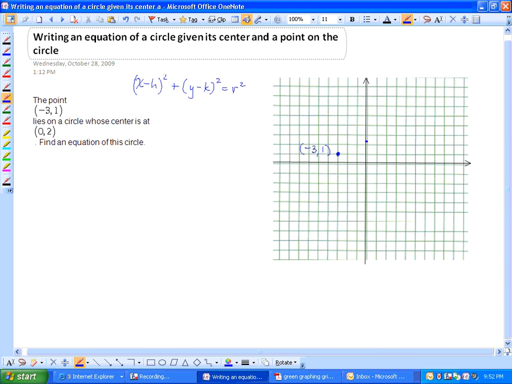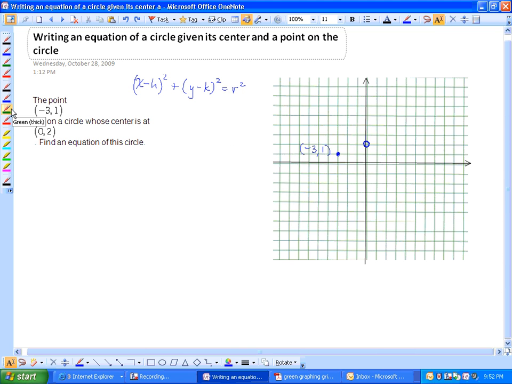It is a point of reference within the circle. So there's our center, and it's at 0 comma 2. I'm just going to leave that unmarked because I'm going to need to write some other stuff there.